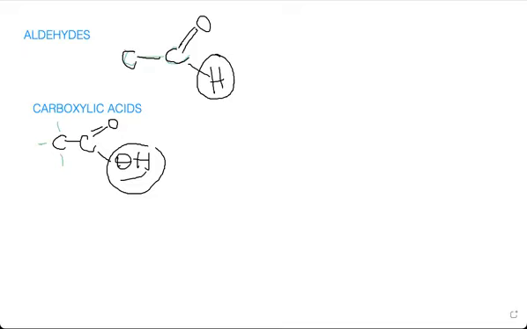Now, let's write the name. This is ethane carboxylic acid. This is, you know very well, ethanoic acid. This is ethanoic acid. What about this one? This is aldehyde. We know very well that carboxylic acid has the suffix oic acid.